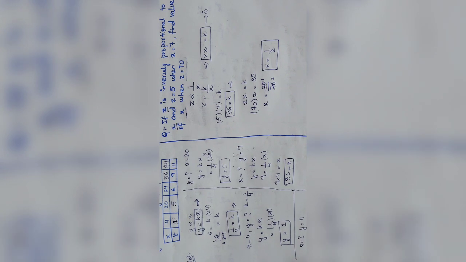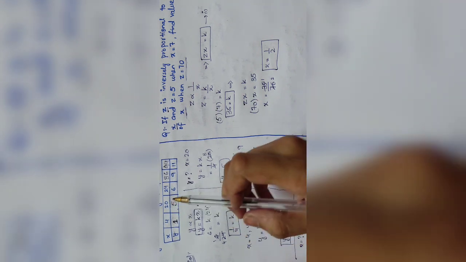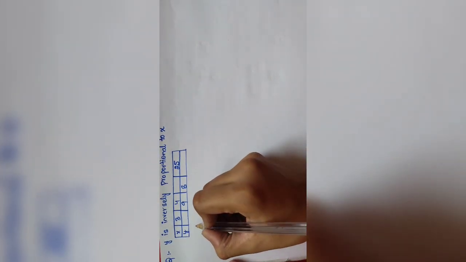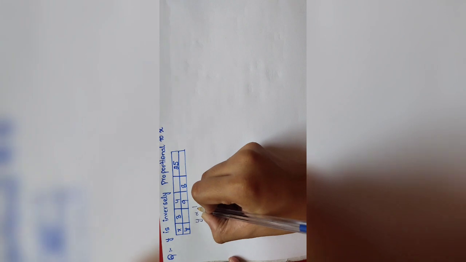And similarly you have to do a table for inversely proportional. Another question which is again similar. Likewise we did the directly proportional, we will do the inversely proportional. Let's do. Okay, this is a question which is related to inversely proportional. Again you have to complete the table. Y is inversely proportional to x. How do we write y is inversely proportional to x?